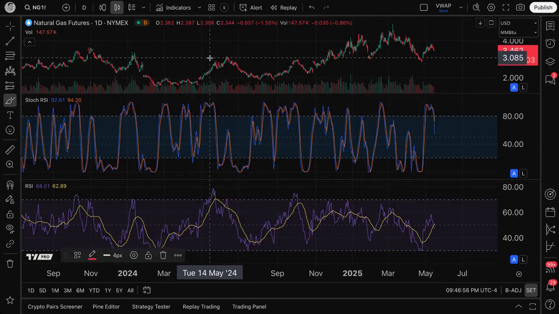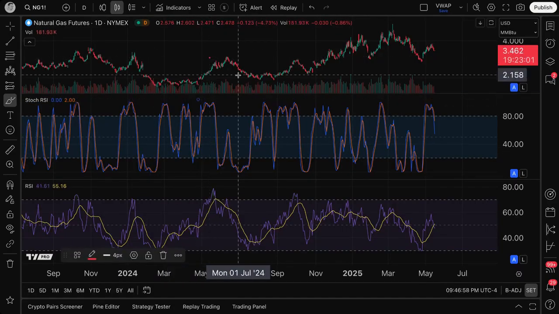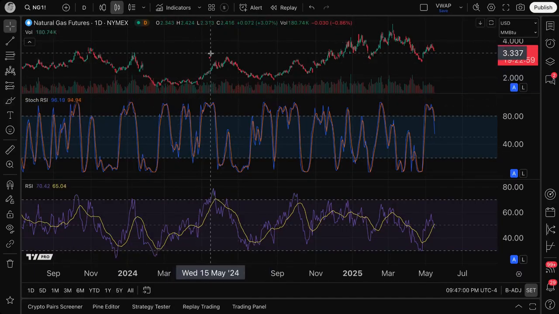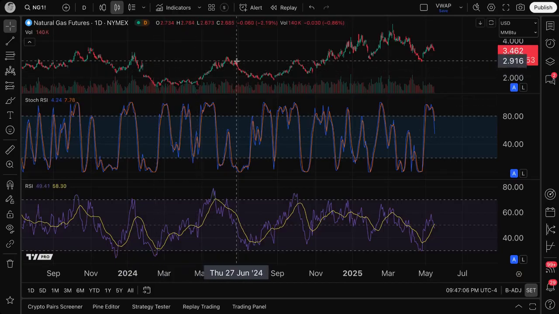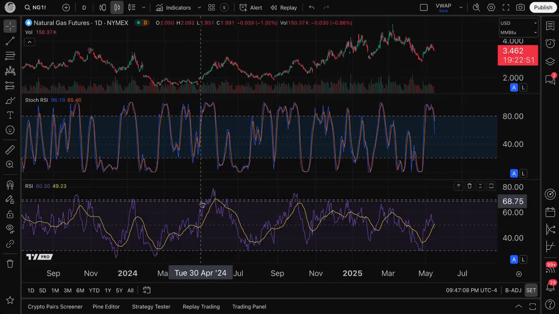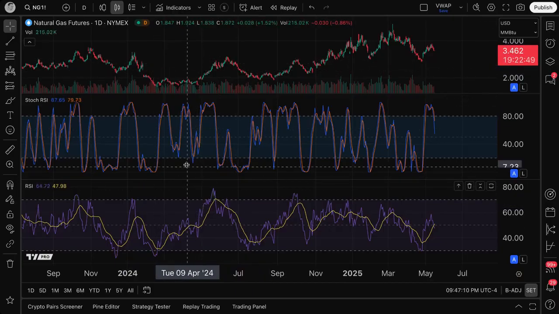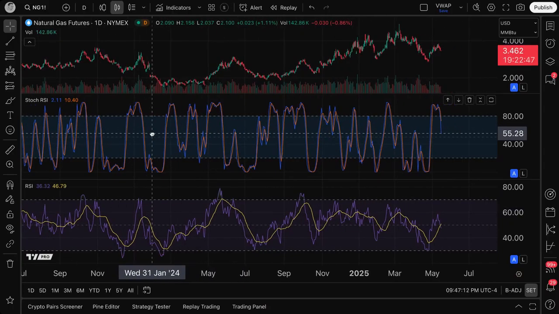And if you have the price up, you have stochastic RSI up, and you have RSI up, you now have 3 layers of data to analyze the price action. You've got the price itself, then you've got RSI to measure momentum, and then you have stochastic RSI to measure the actual RSI indicator itself as now a third level indicator.